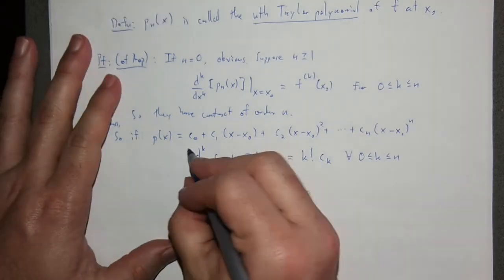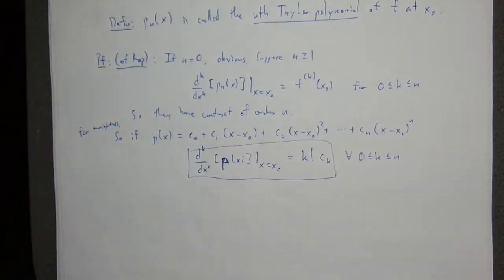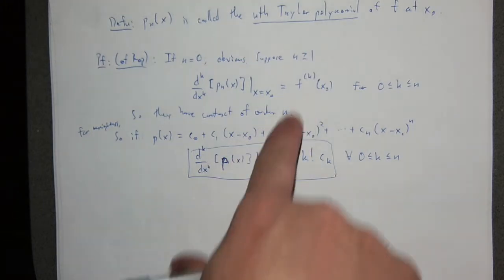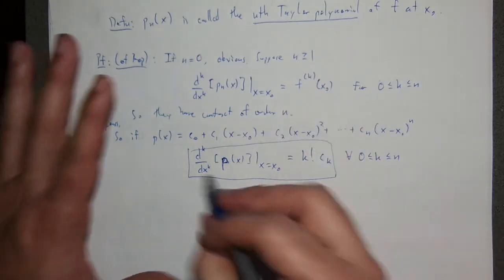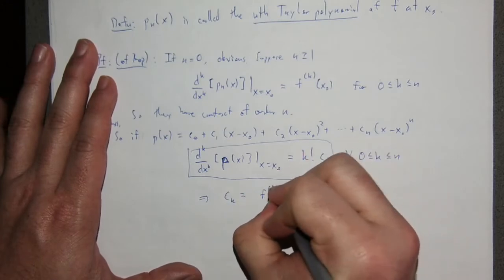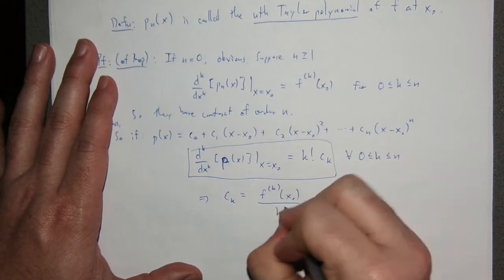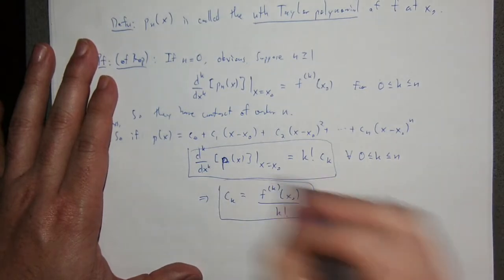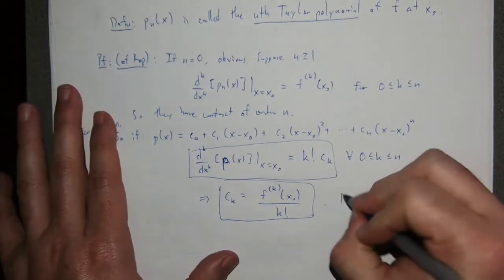But this is some other polynomial that has the same contact of order n. So this means that c sub k is the kth derivative of f at x naught over k factorial. So the only possible thing this polynomial can be is the nth Taylor polynomial. So that's it.